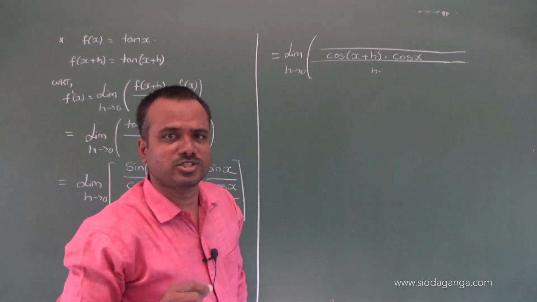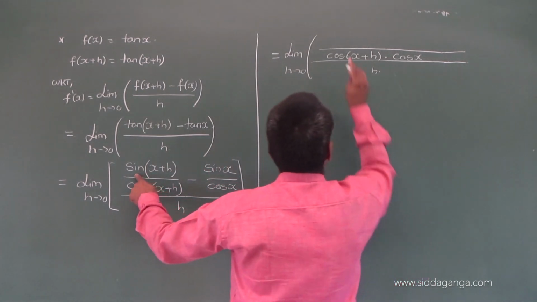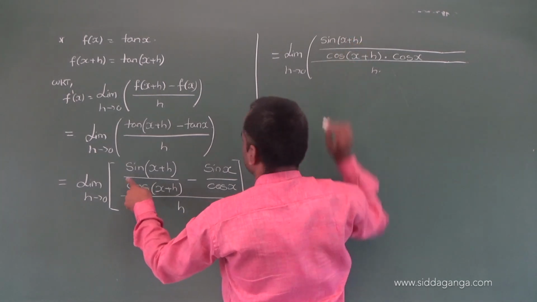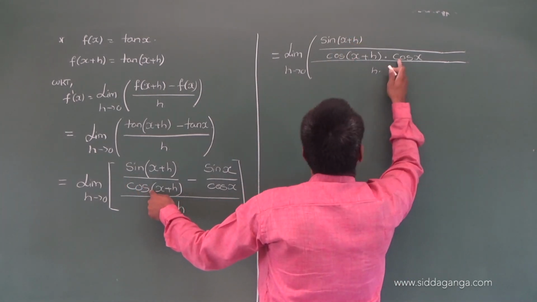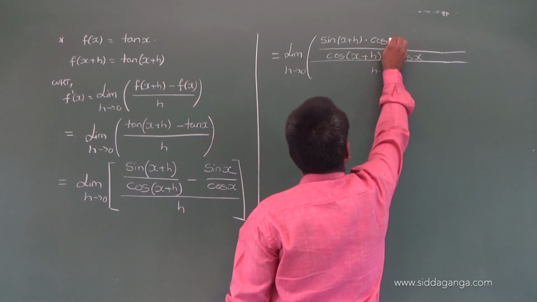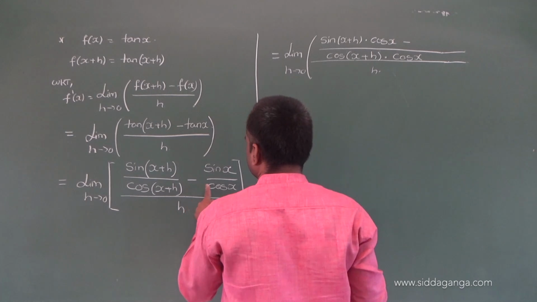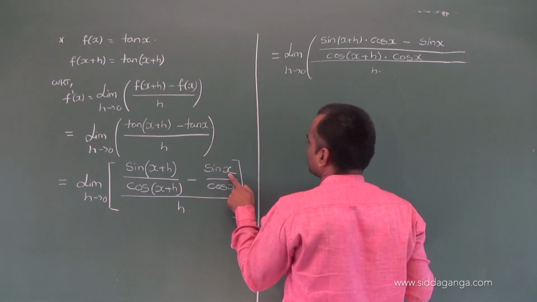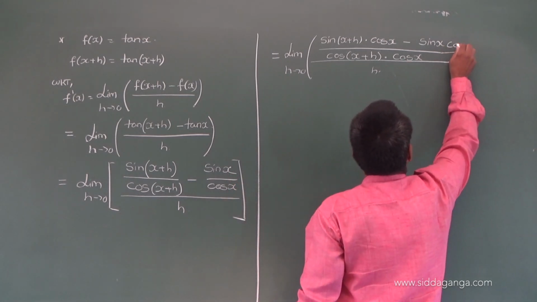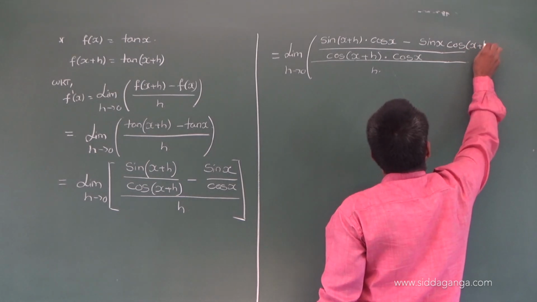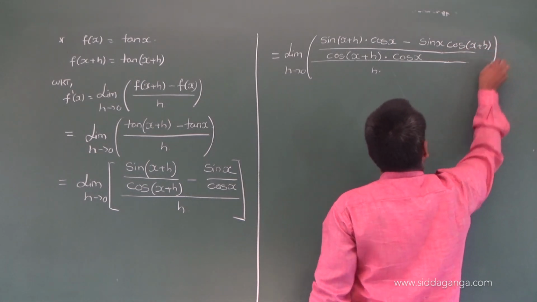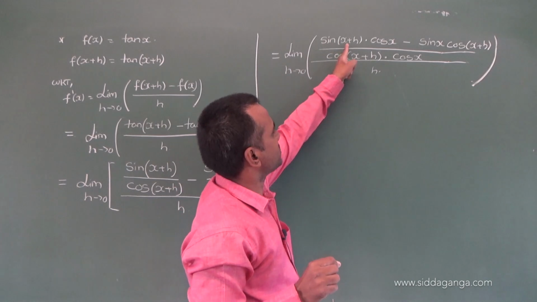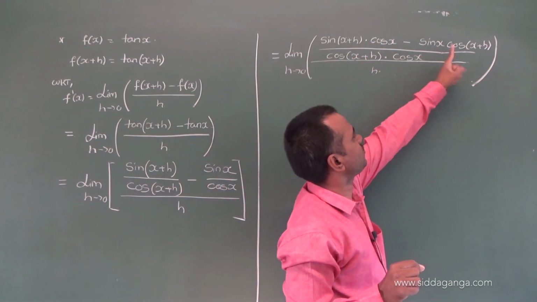If I take the LCM, what will happen? Sin of x plus h, the cos of x plus h gets cancelled, into cos x, minus sin x, the cos x gets cancelled, cos of x plus h. So sin of x plus h into cos x minus sin x into cos of x plus h.